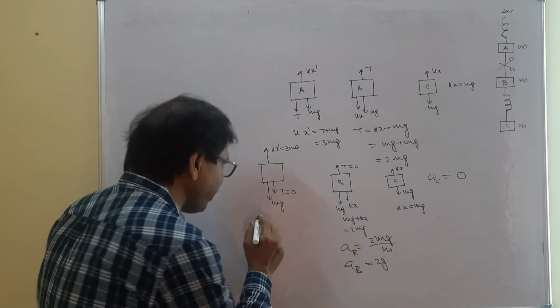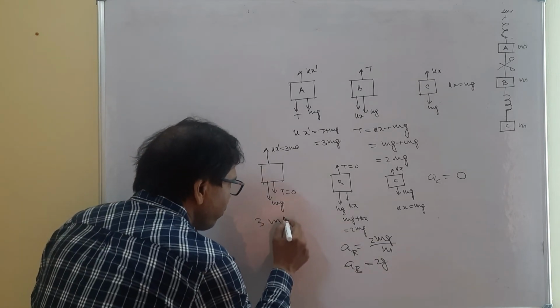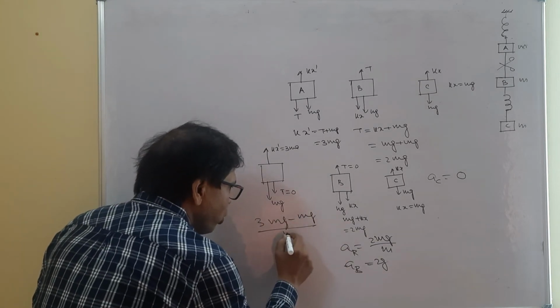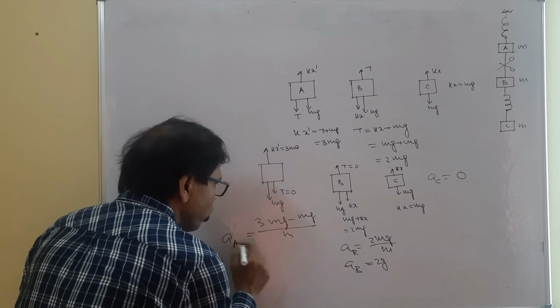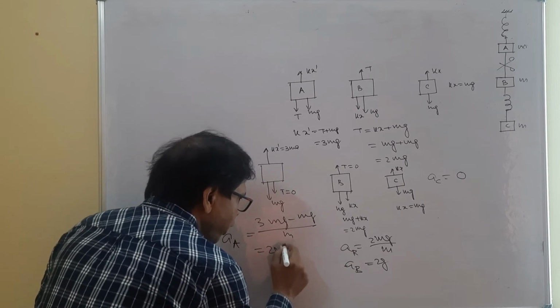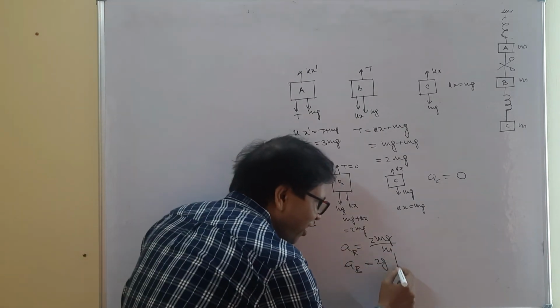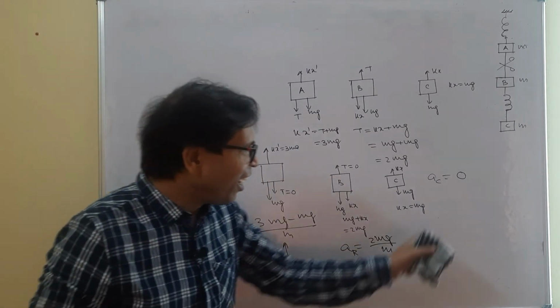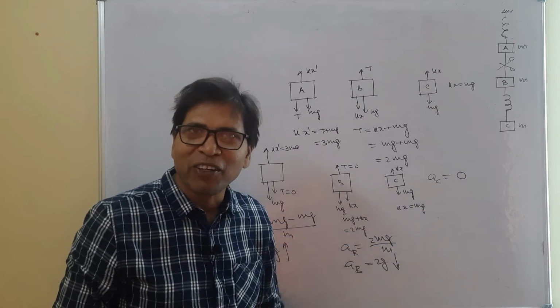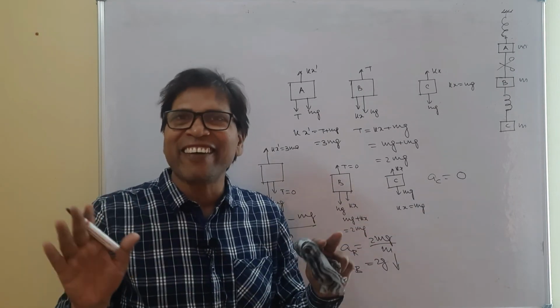So what is the acceleration? 3mg minus mg by m. So this is the acceleration of A, 2g in the upward direction, and this acceleration is 2g in the downward direction, and this acceleration is 0. Understood?